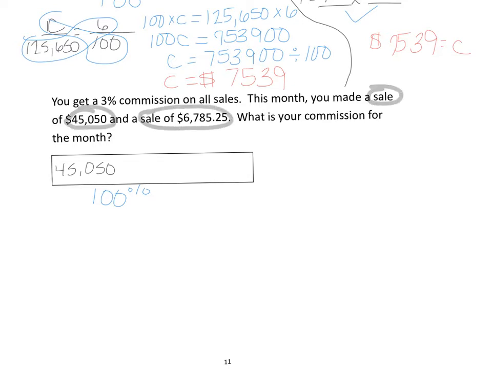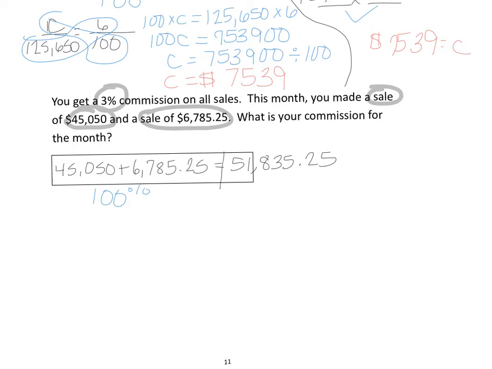And we sold $6,785.25, meaning we have sold $51,835.25. That represents our 100%. You get 3% of that. So we get this much of it. Okay, that's the only part that we're going to get.